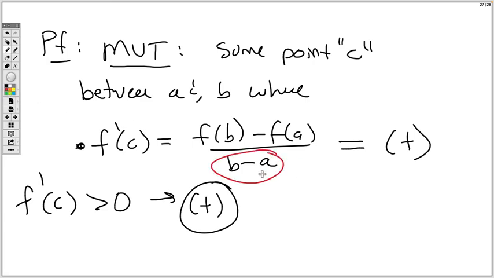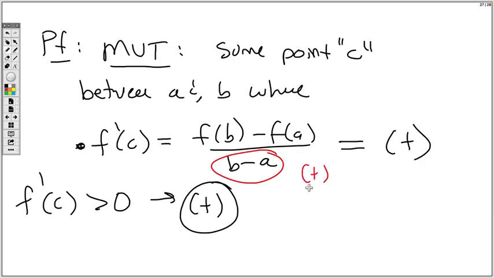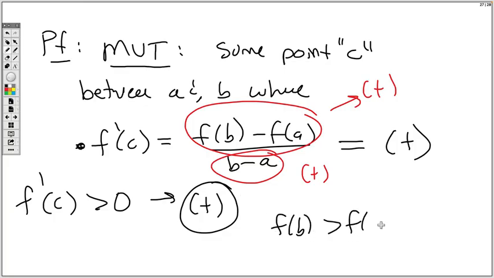Well, b minus a itself is what kind of number? If a is less than b, b minus a has got to be positive. So the only way I've got a number over a number being a positive number is if the number up top also has to be positive. Make sense or not? Which means that f of b has got to be bigger than f of a.